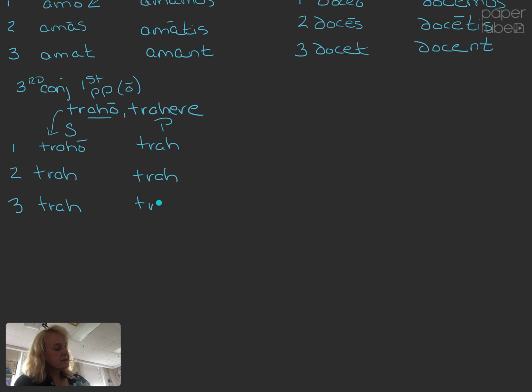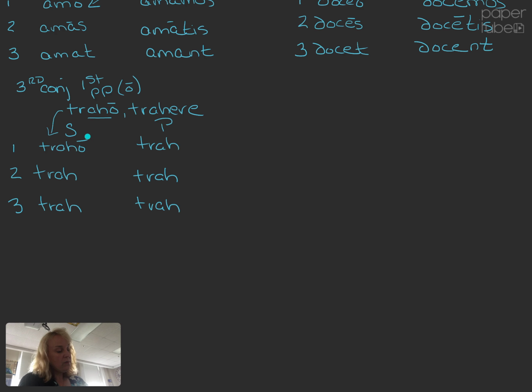Now our endings for third conjugation, present tense, are a little different than the personal endings that we use for first and second. They still have the first and second, but they have to carry a vowel with them because we have no vowel here.